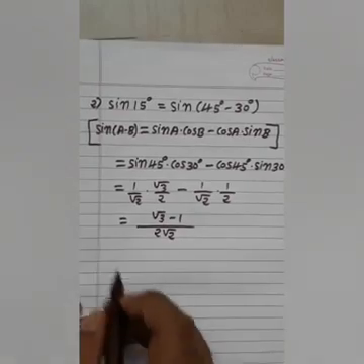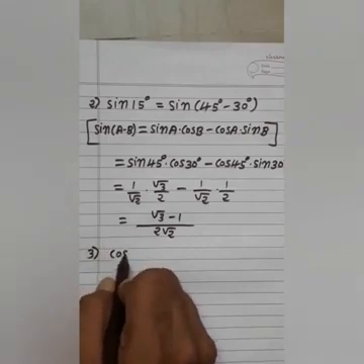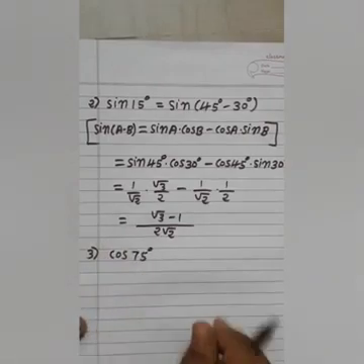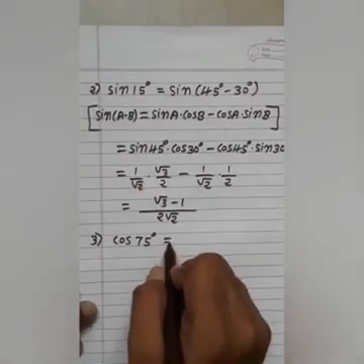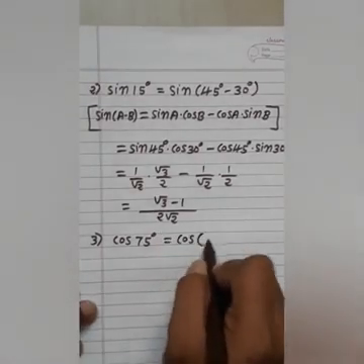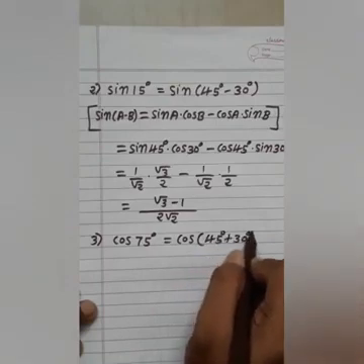Next one, cos 75 degree. Again the same process applies here. Cos of 45 degree plus 30 degree.